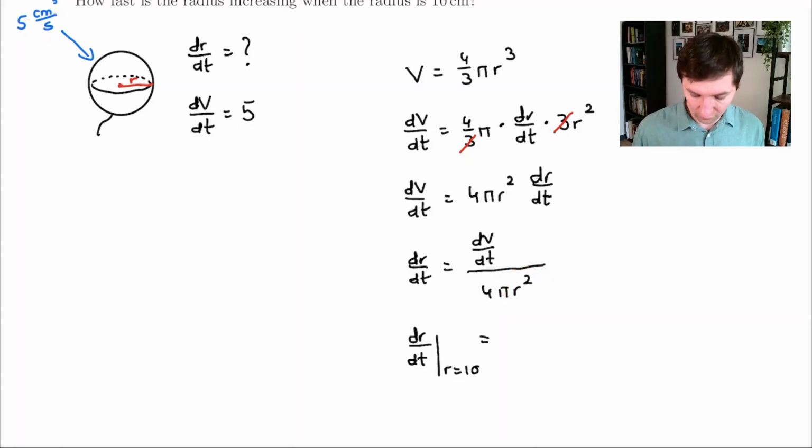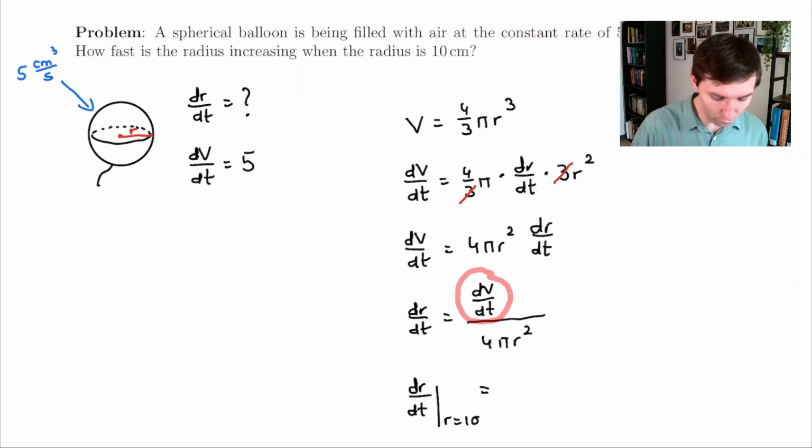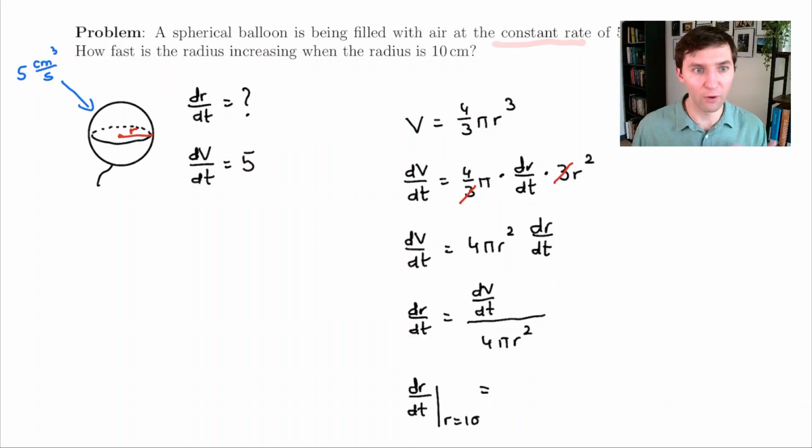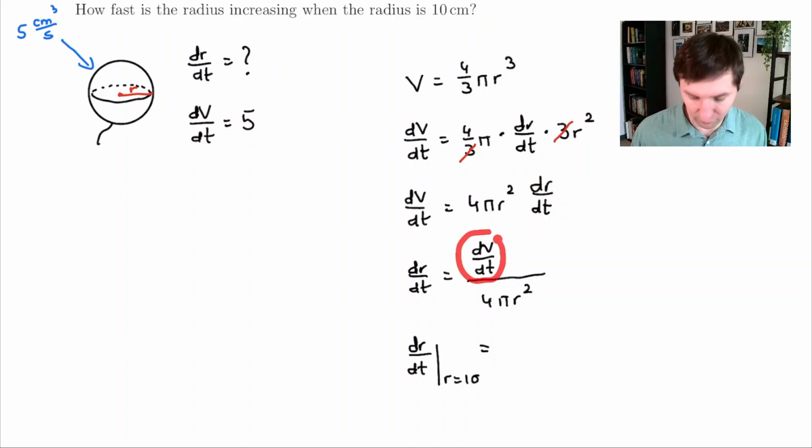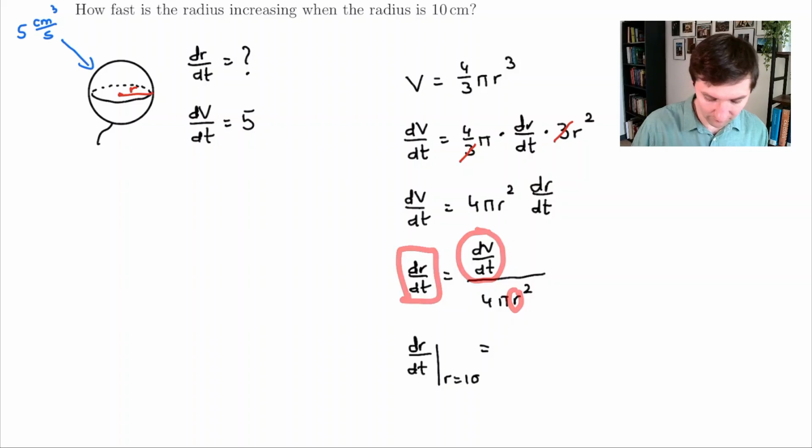What's more, you know that the rate of V with respect to t is always 5 centimeters cubed per second. Note that it was a constant rate, so it's always 5 centimeters cubed per second. So you can replace this rate with 5 and this r with 10 and solve for dr/dt.